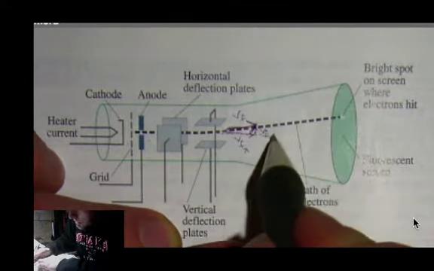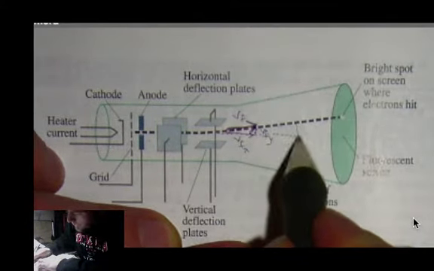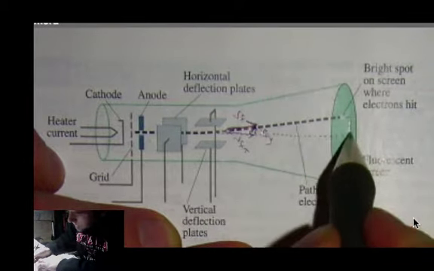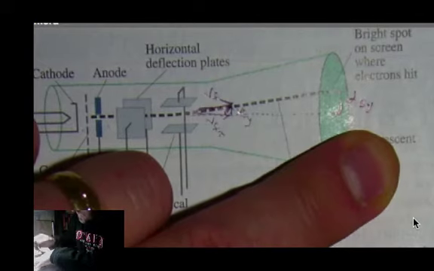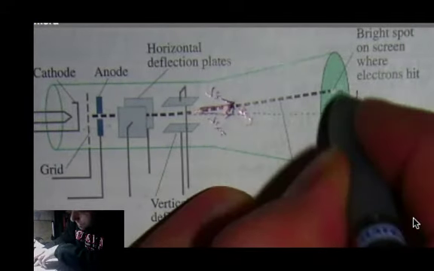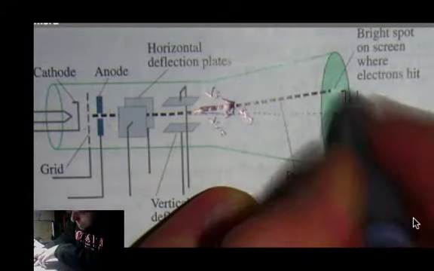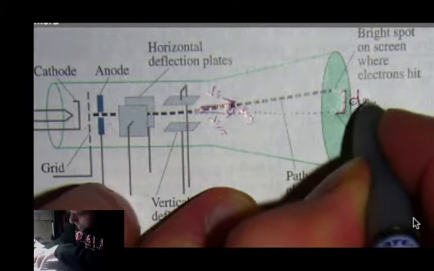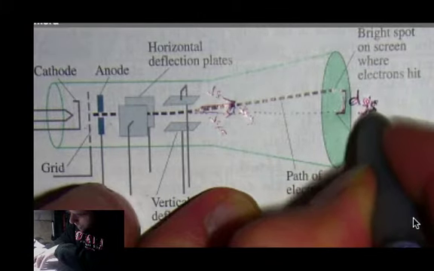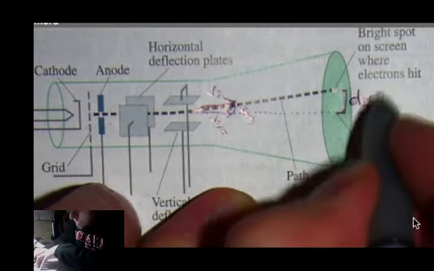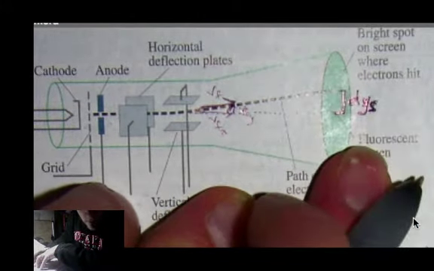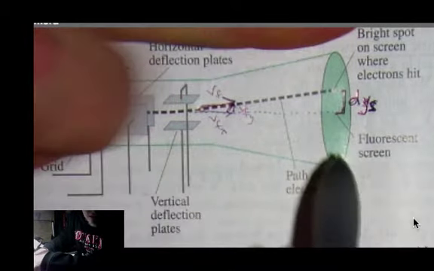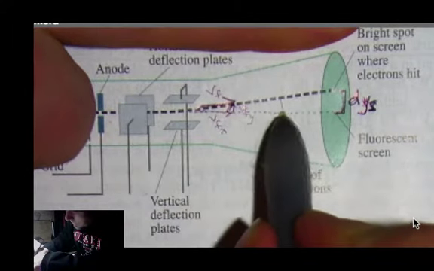Now from here, we are interested in determining what this deflection is right here. Right here we have this deflection in the y, which we can call dys, which stands for deflection in the y on the screen. So you can see here that you have a big triangle.